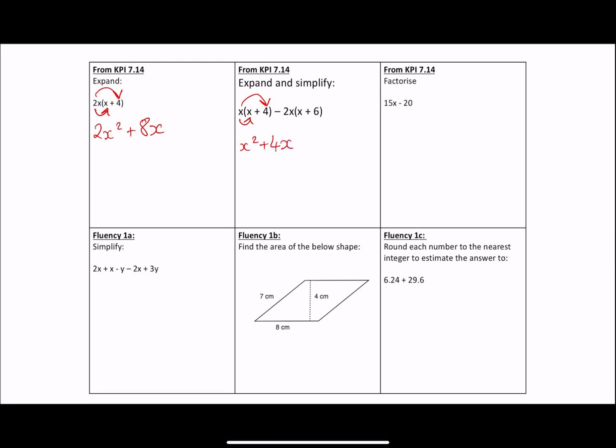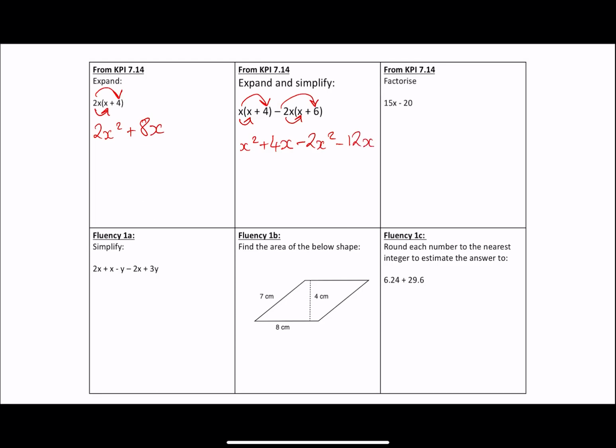I need to be quite careful on this next one because I'm not doing 2x times x, I'm doing minus 2x times x. So I've got negative 2x times x, that gives me negative 2x squared. And then negative 2x times positive 6, negative times positive gives me a negative 12x.